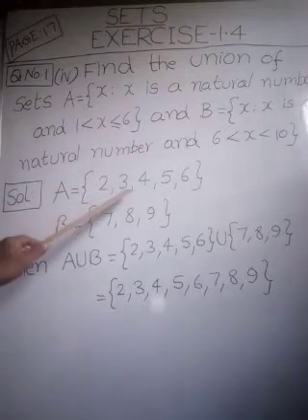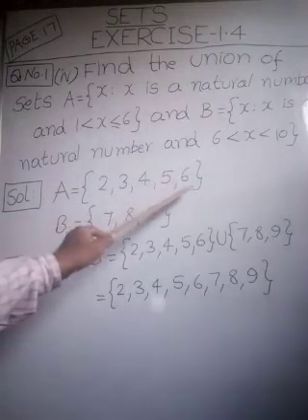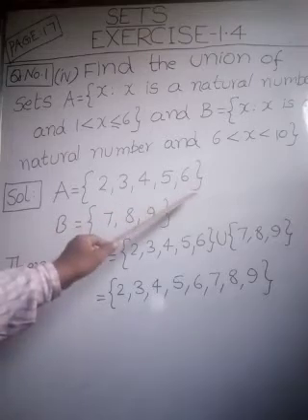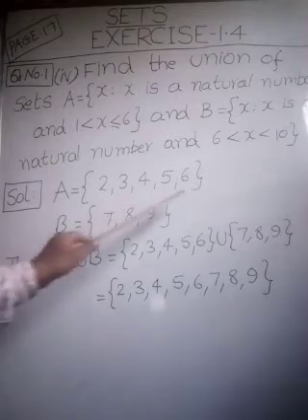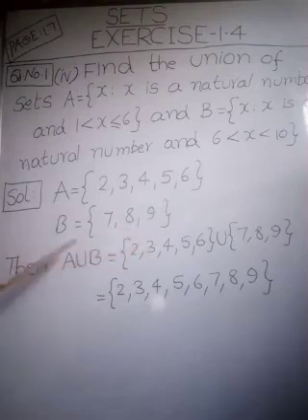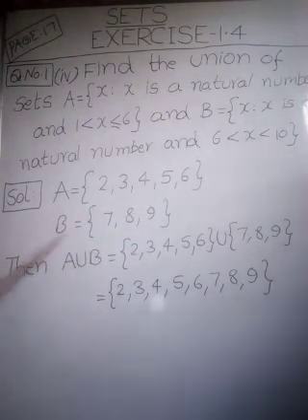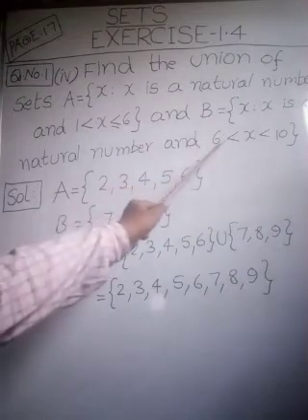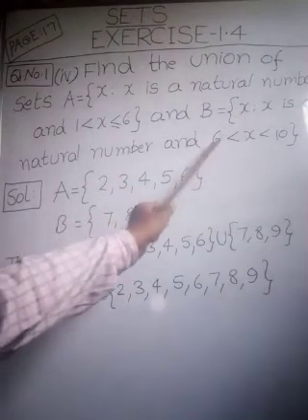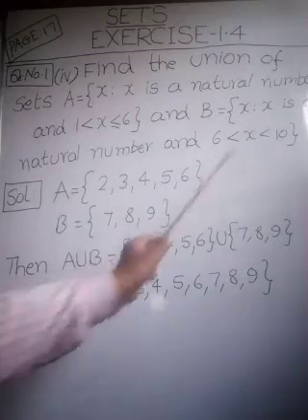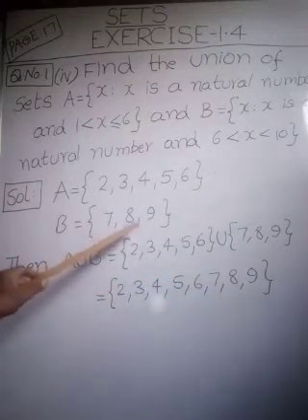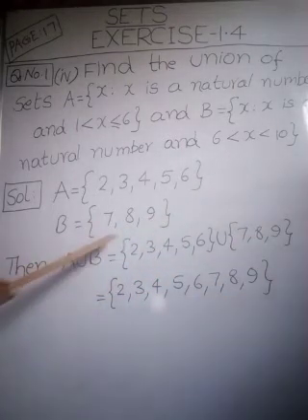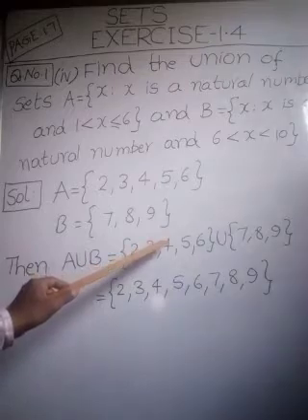So {2, 3, 4, 5, 6}. Understood this step, my dear children? Understood the elements of set A. Right. Now come to set B. What are the elements of set B? Natural numbers more than 6 but less than 10. So {7, 8, 9}. Understood the elements of set B, my dear children?